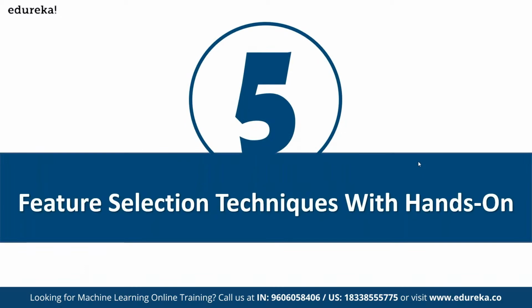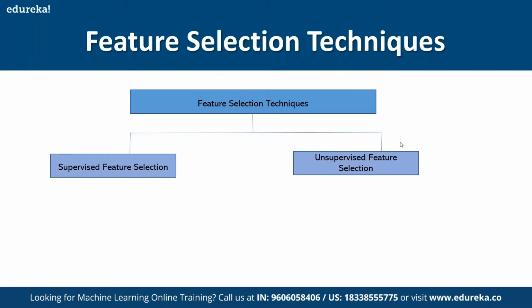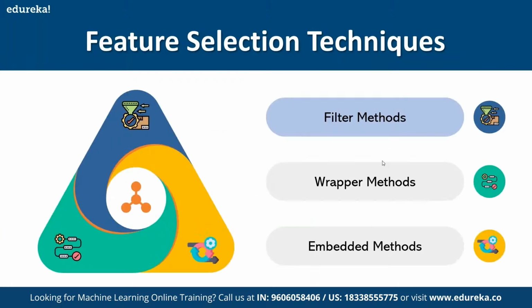So let's look at how we can perform the feature selection techniques in a hands-on manner. Whenever we are talking about feature selection techniques, we have two kinds of methods. One is the supervised feature selection technique, and another is called the unsupervised feature selection technique. Under the supervised selection technique, we've got the filter method, the wrapper method, and the embedded methods. So these are the three main supervised feature selection techniques that we have.